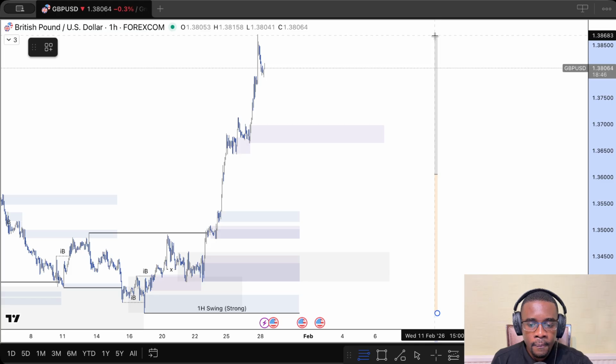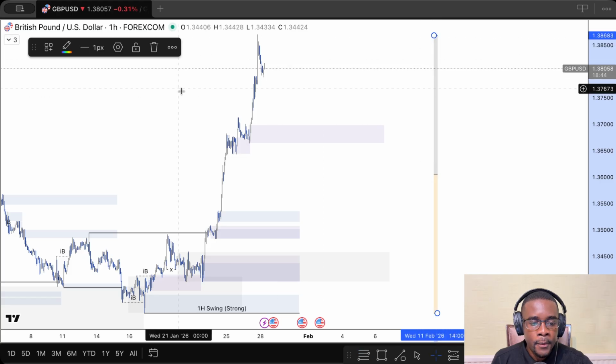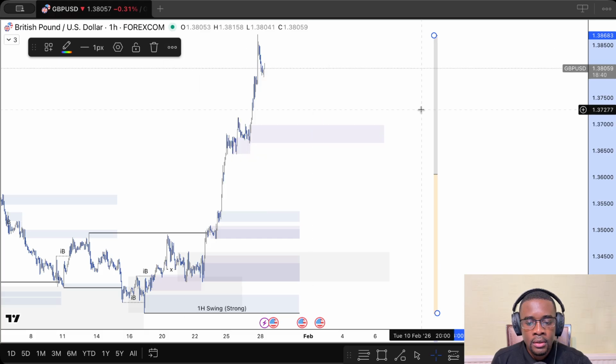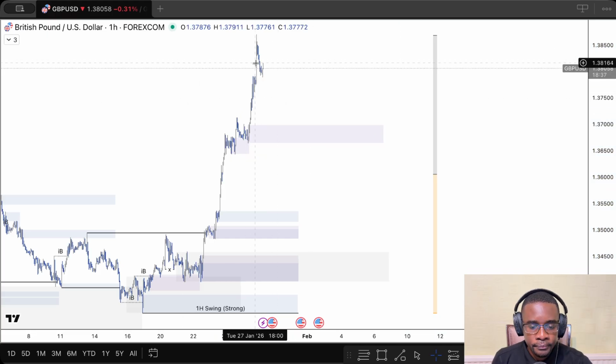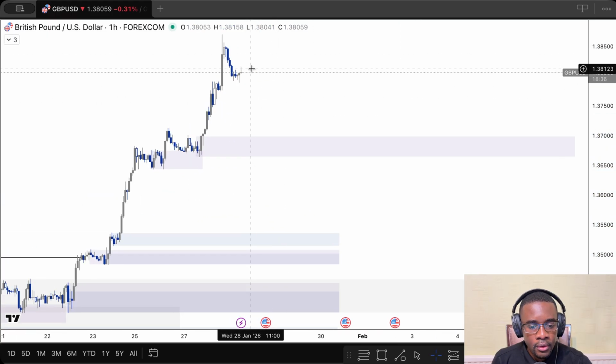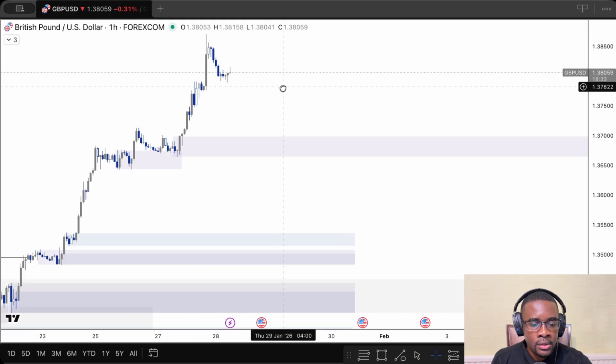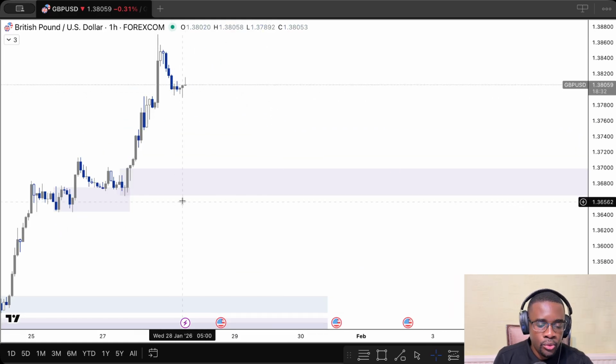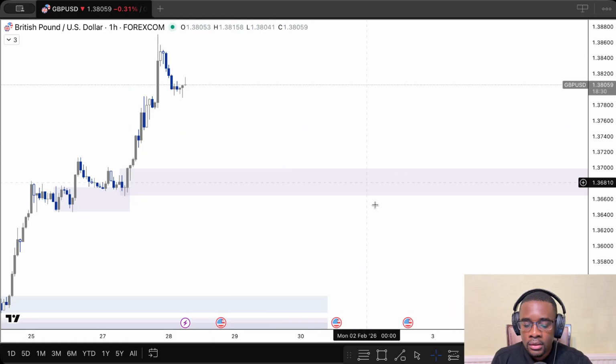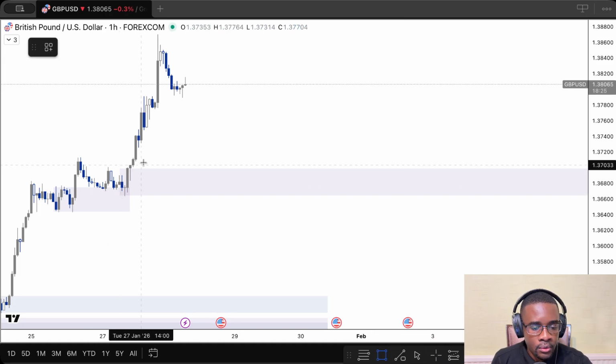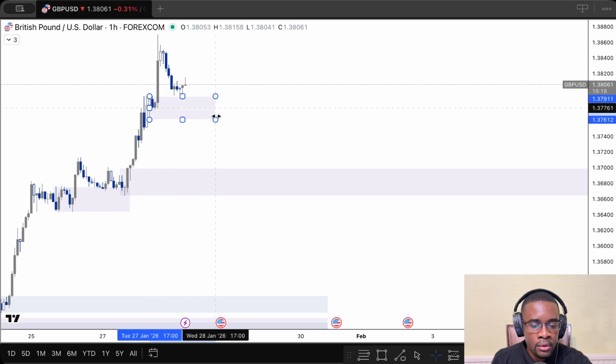Looking at that, just as an extra confluence, we are in premium. Price is overextended. Because we do have this POI, I'll cover that low.